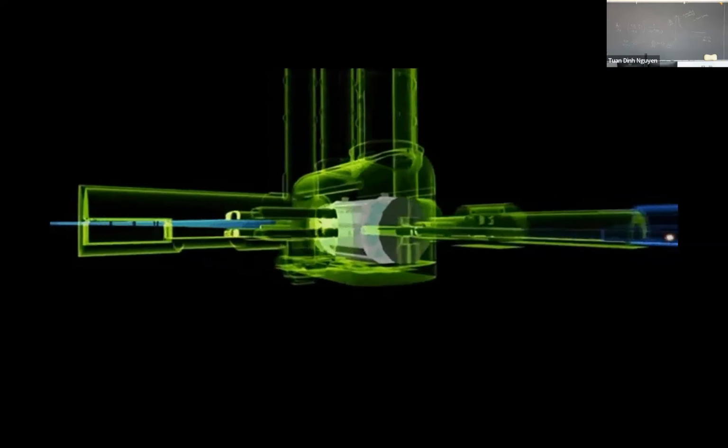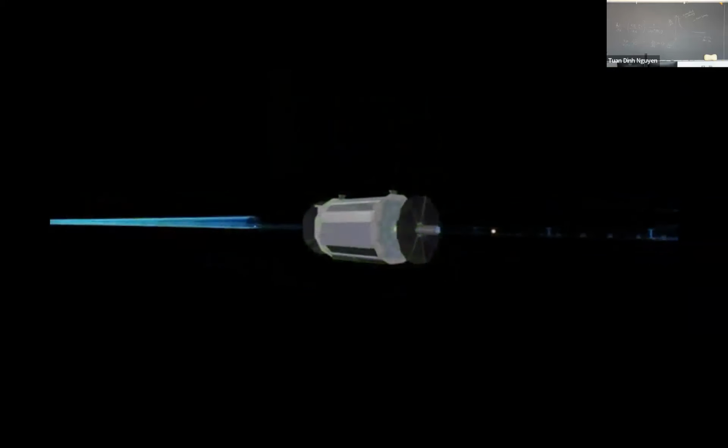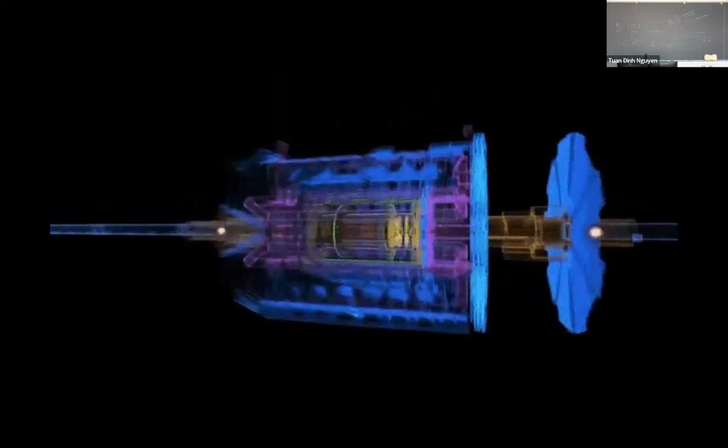But that's the second technological hurdle, to detect. As particles get higher and higher in energy, you have to have different kinds of detection.